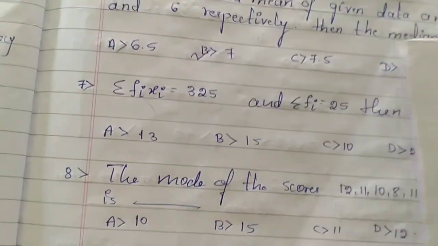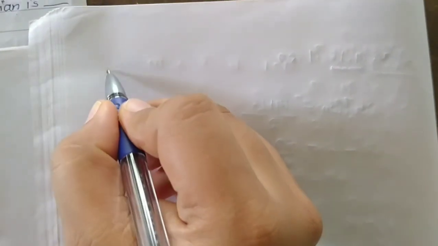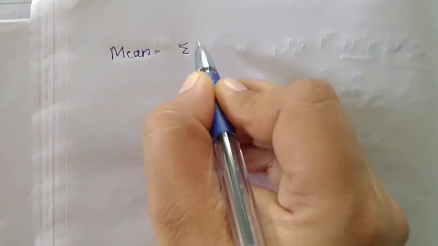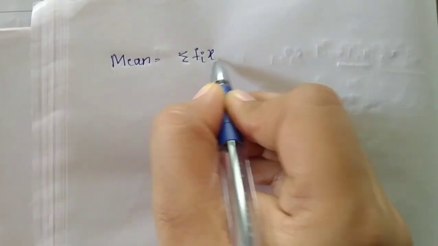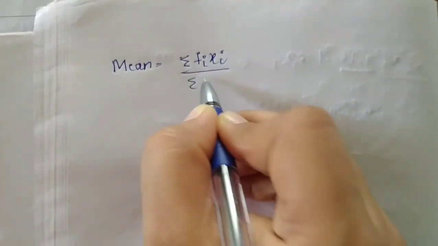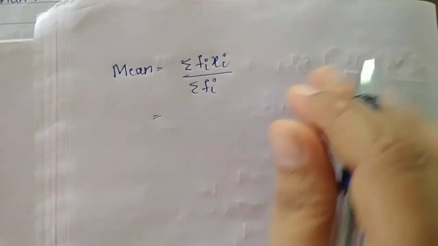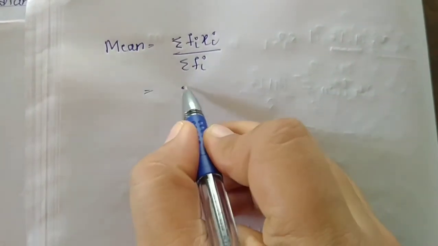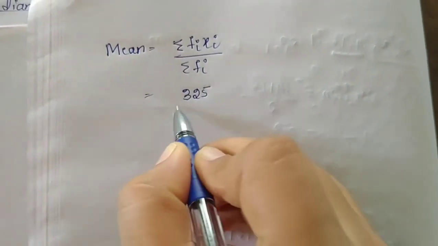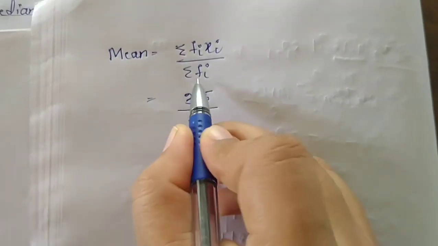Mean equals sigma fi xi divided by sigma fi. So they have given the value of sigma fi xi, that is 325, divided by sigma fi, whose value is 25, right?